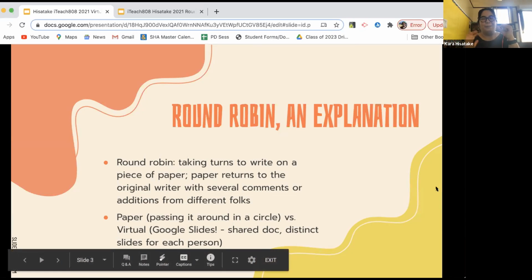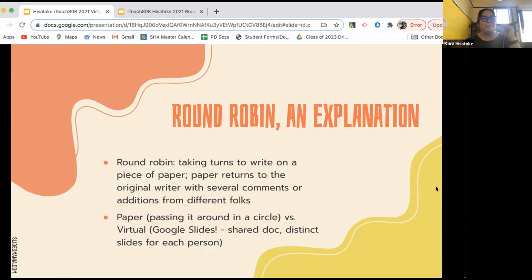So in our virtual teaching mode, if you were in person, we'd do it in a circle with paper, but online, I found that the best way to do it is through Google Slides, because it's a shared document. Everyone gets their own slides, so it's really easy to figure out, this is my piece of paper, basically.